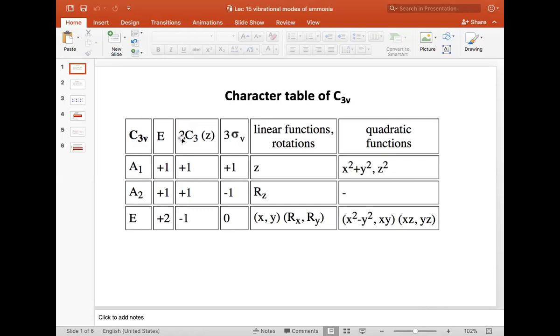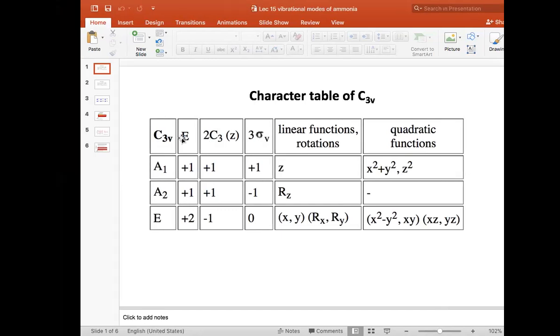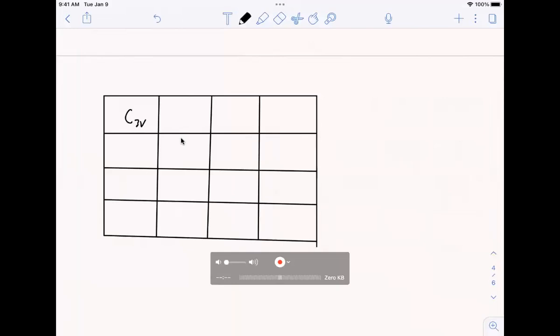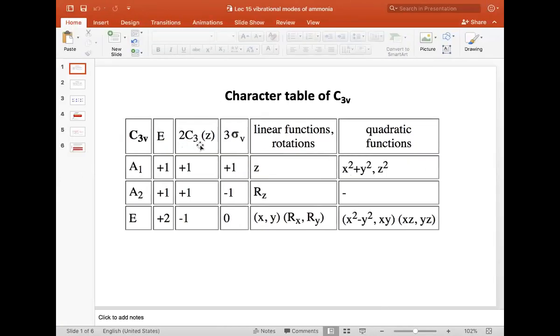In this character table, there is C3v. I'm just writing it down now. You have the E element, you have 2C3, and then you have 3σv.